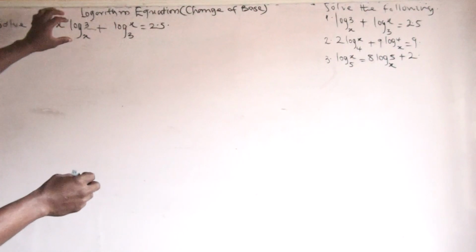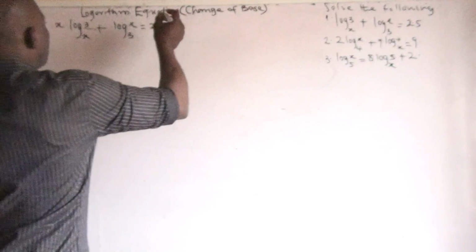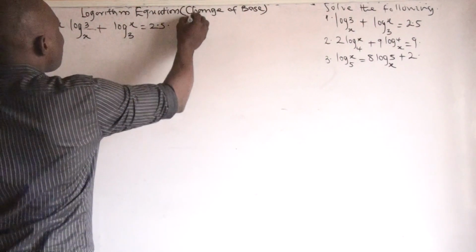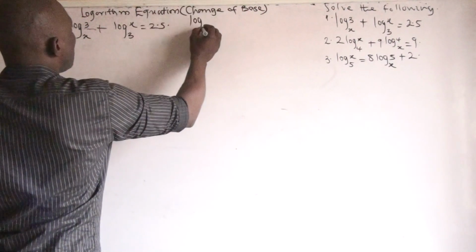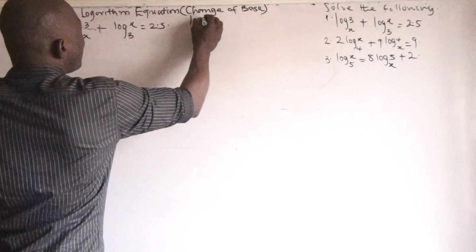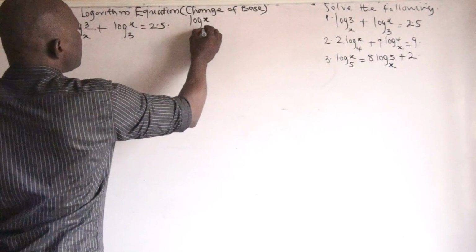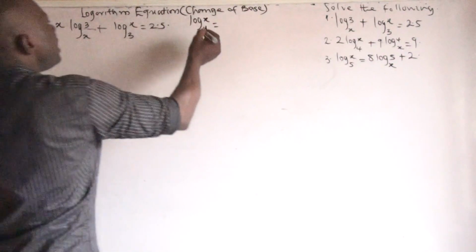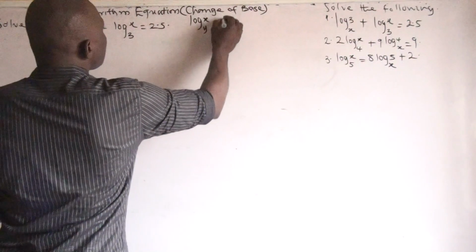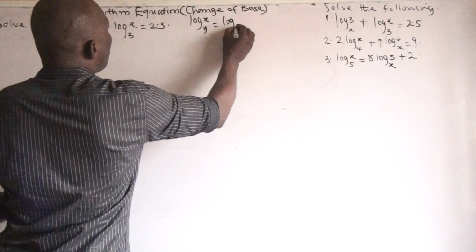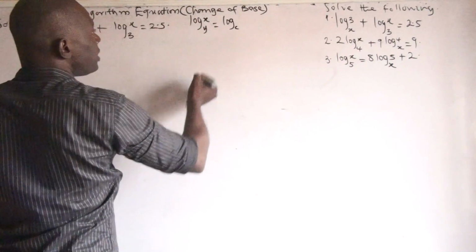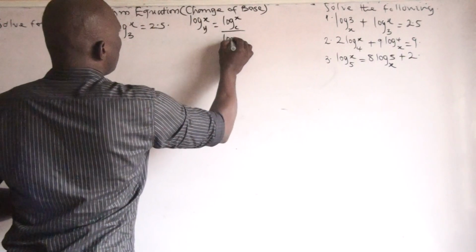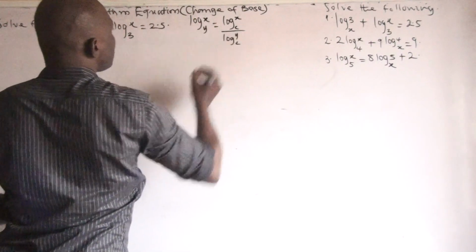From change of base, we said that under normal circumstances, if we have log x to base y, we can change it to another base. Let's say the new base is c: log x base c all over log y base c.